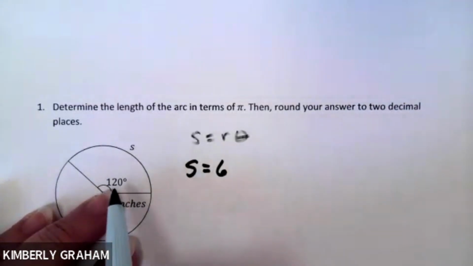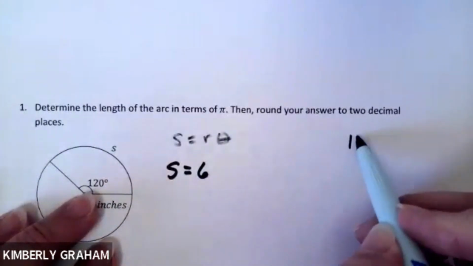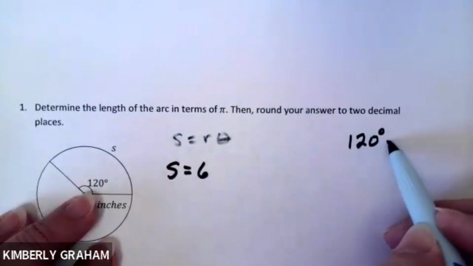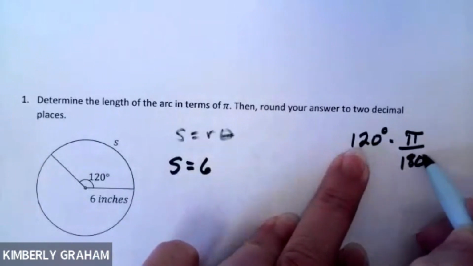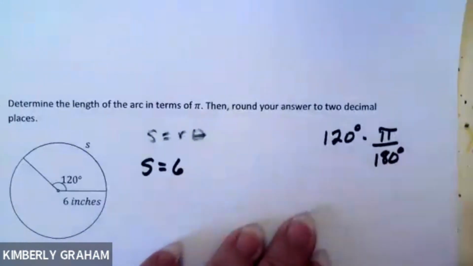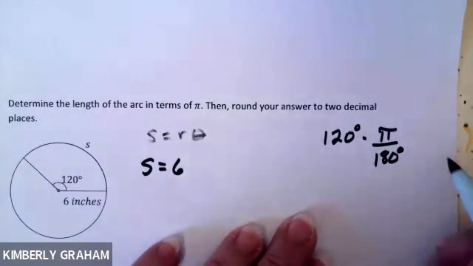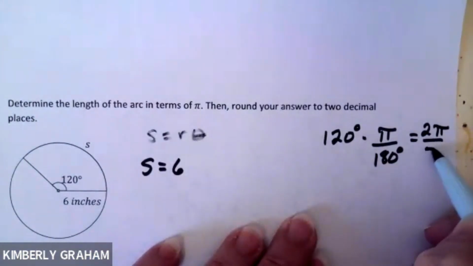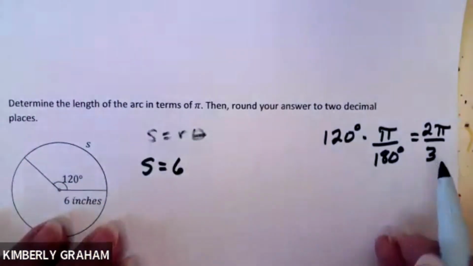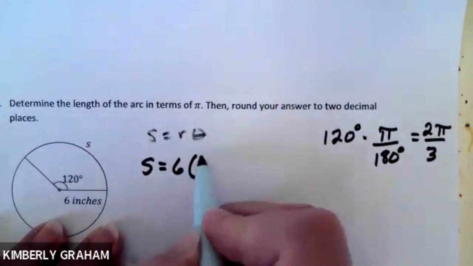And right now it's in degrees. So I need to take 120 degrees, multiply that by pi over 180 in order to change it from degrees to radians. And this is 2 pi over 3. So that's my theta that goes into my formula here.